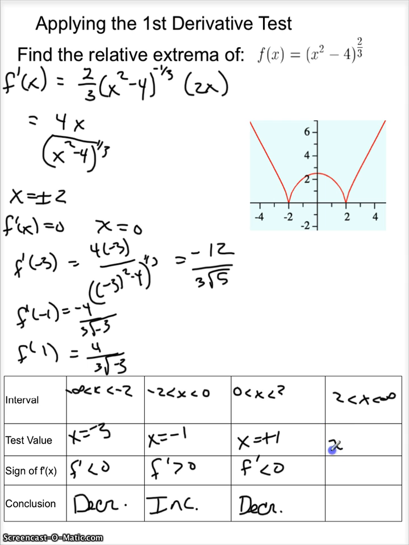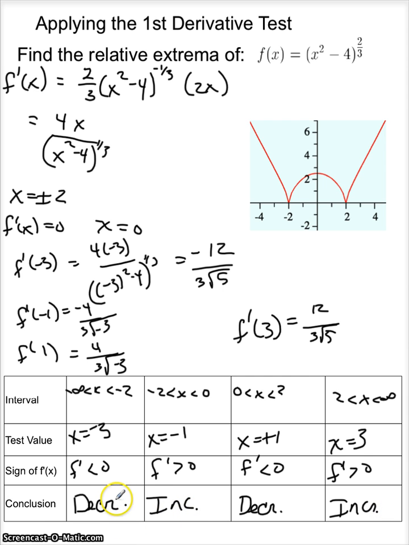Let's pick x equals 3. You can pick 100, but why bother? F prime at 3 is going to be 12 divided by 3 times the cubed root of 9 minus 4, the cubed root of 5. Basically, I know that's positive, so it's increasing.